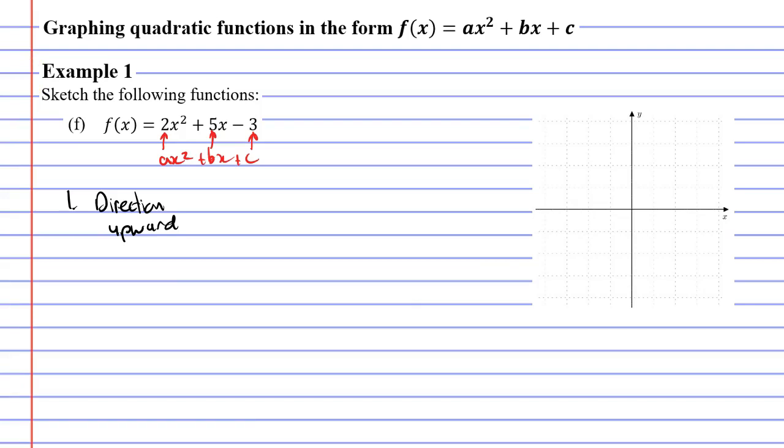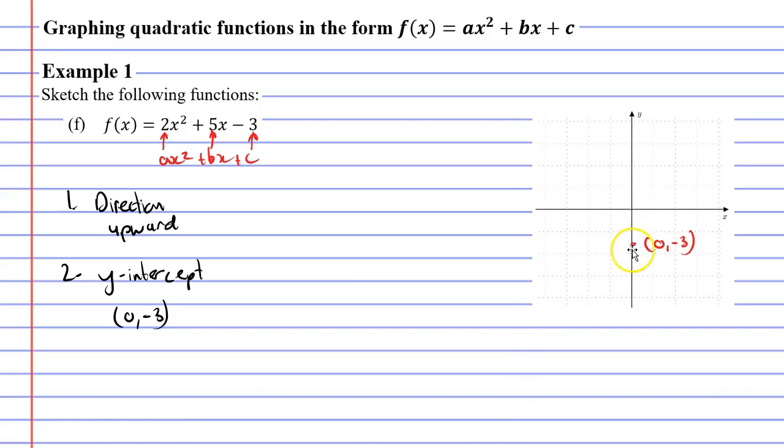A is positive 2. Next, we're looking at the y-intercept. We can see that c equals -3, so our y-intercept will occur at 0, -3. I'm going to label that on my graph here. It's the point 0, -3.